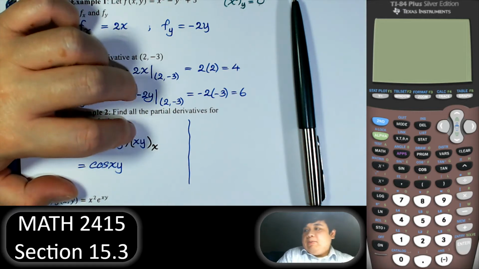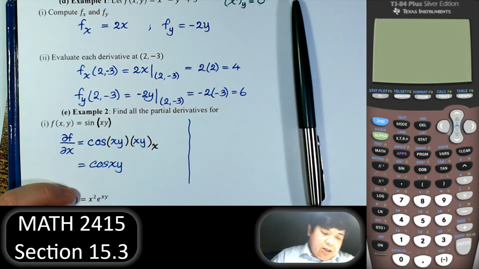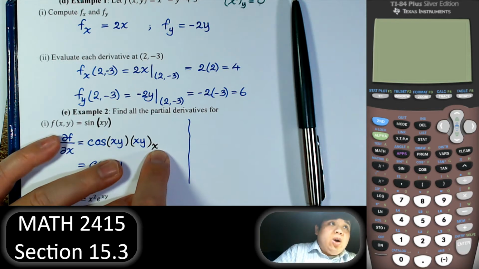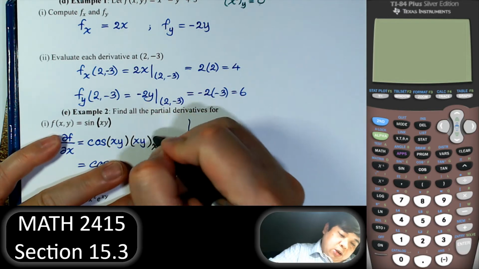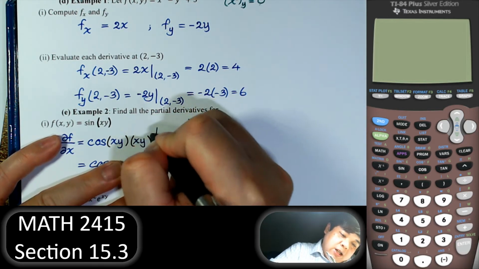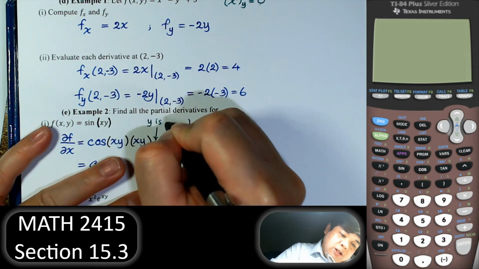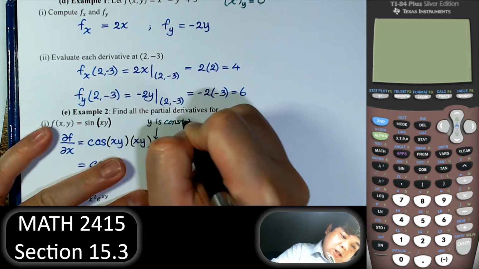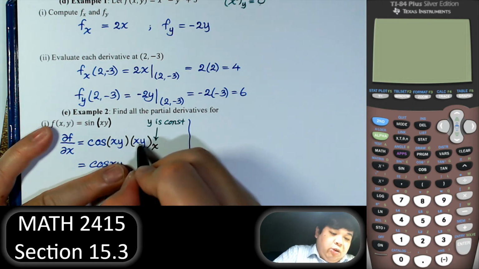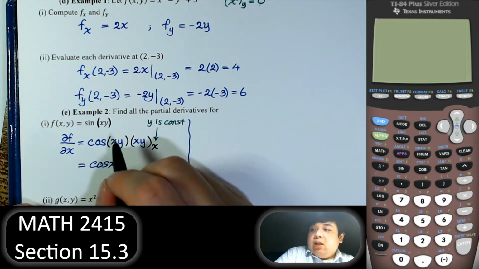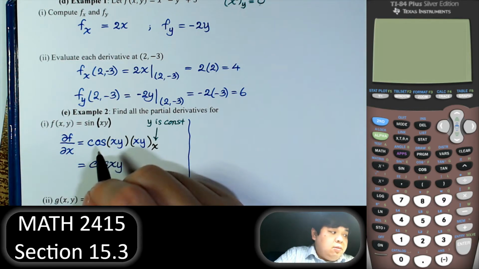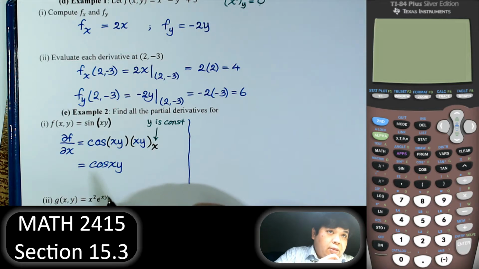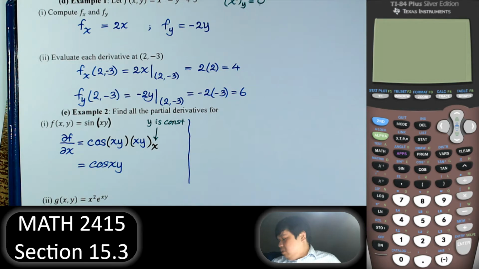So think about this. With respect to x, y is a constant, right? So what is the derivative of a constant times x? I'll ask you a different question. What is the derivative of something like 2x?